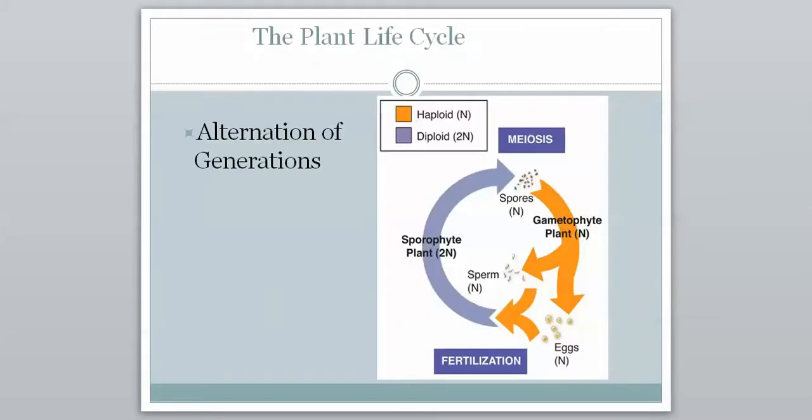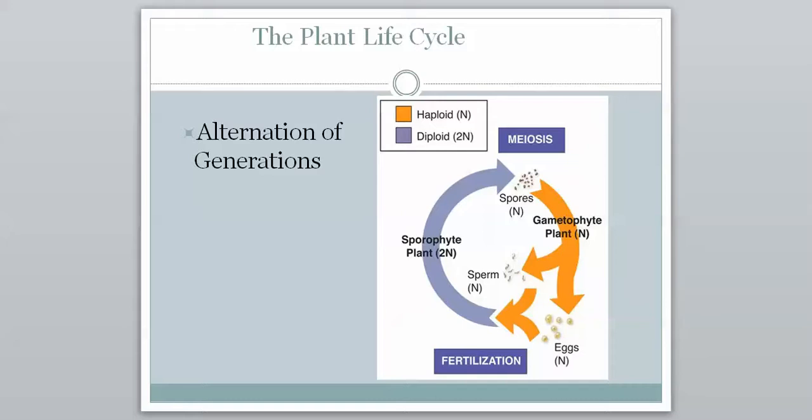So looking at alternation of generations. In this chart, there's really no place to start because it is a cycle, a life cycle, it's always continuous. So we'll just start right here where it says spores. When spores are produced, you see they're N, they are haploid.